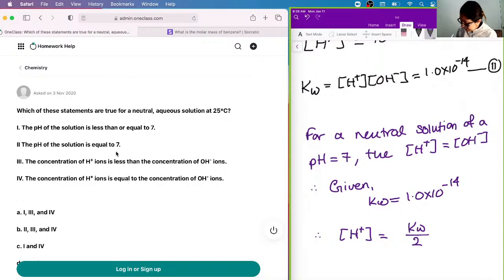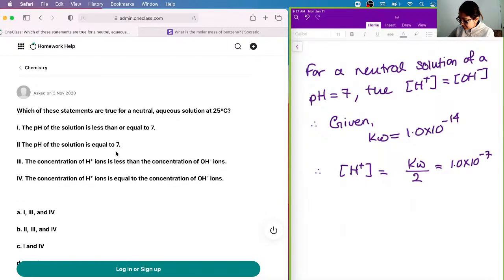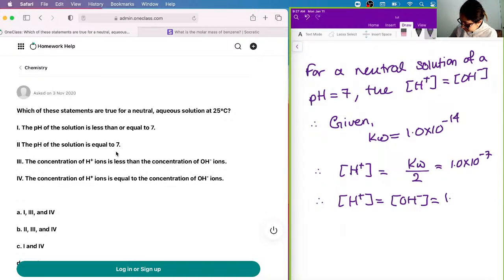We can say that this is half of the number of your Kw, and so this would be 1.0 times 10 to the power negative 7. Okay, so this also means that since your hydrogen ion concentration is equal to your OH ions, this is also equal to 1.0 times 10 to the power negative 7.